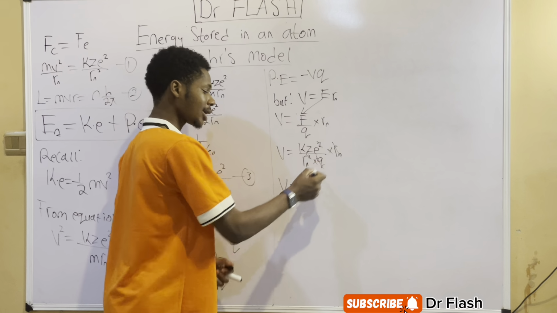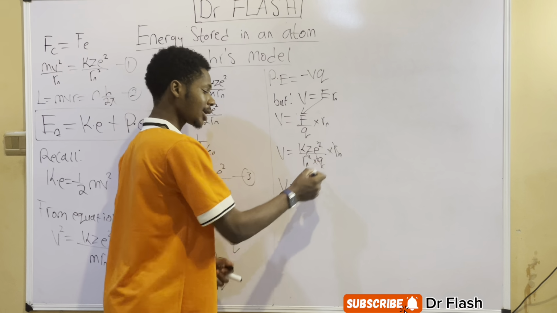So substitute for V into this formula, and we're going to get potential energy is equal to minus kZe, and then Q over here is also E, so I'm going to multiply by E. You see Q represented as E to tell you that we're dealing with an electron, divided by Rn.